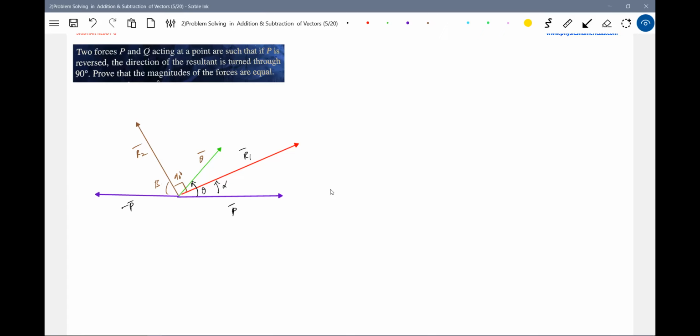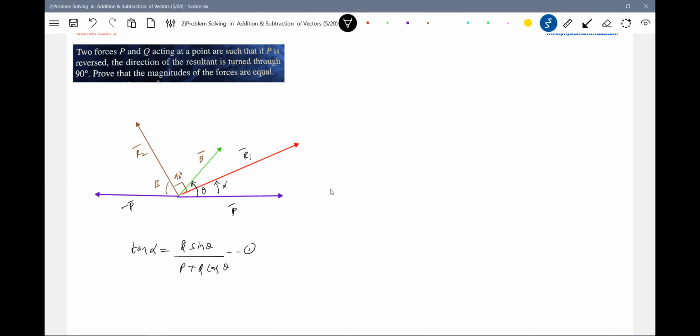What is the best formula we can take help of? I think it's better to take help of the angle made by the resultant, tan alpha. We can write it as Q sine theta over P plus Q cos theta. That's one equation we have.